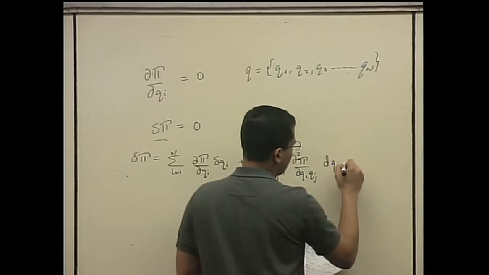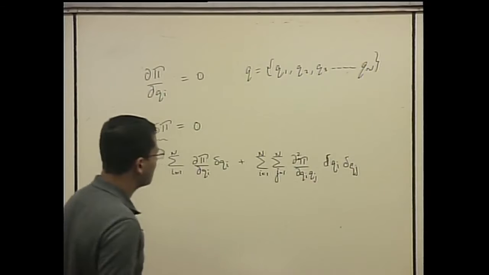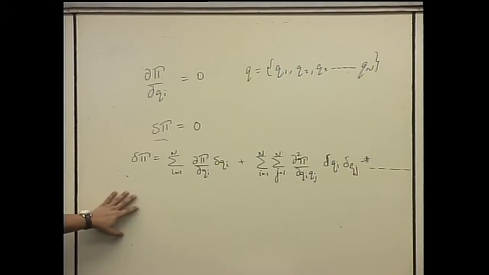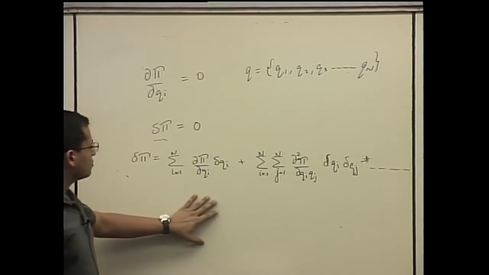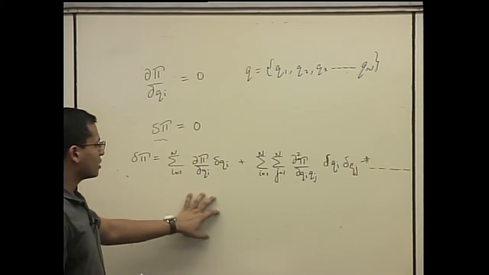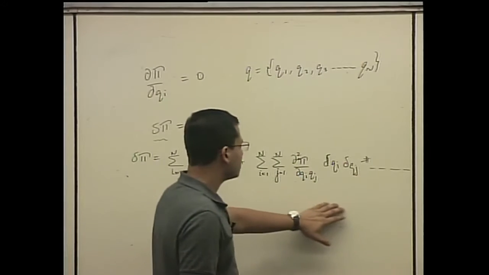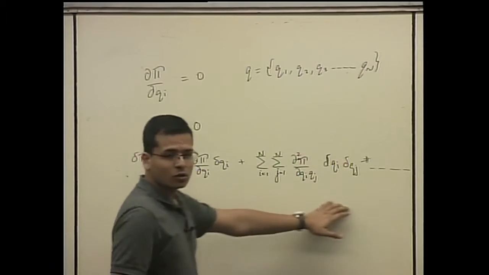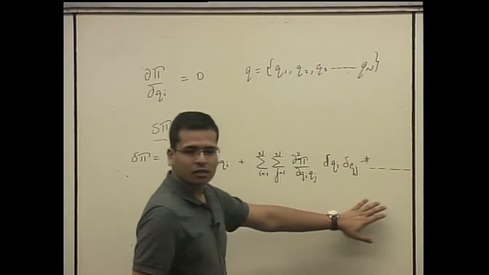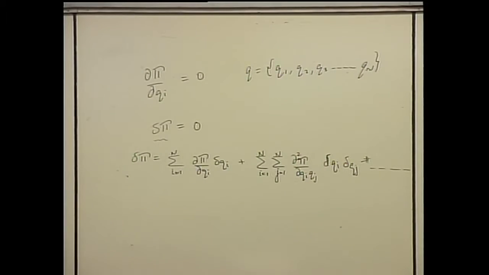The first term is the first order differential of potential energy with respect to generalized coordinates times the variation in the generalized coordinates. Then the second term would be a second order differential times dqi or dqj variation, and so on. But because the higher order terms have lesser and lesser magnitudes, we neglect anything which comes beyond the second term.